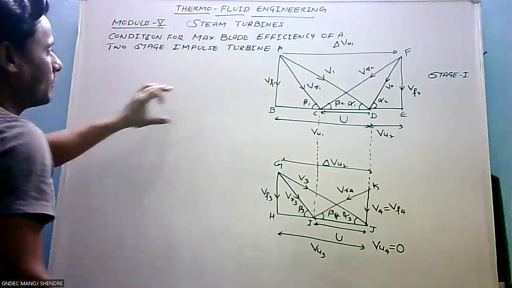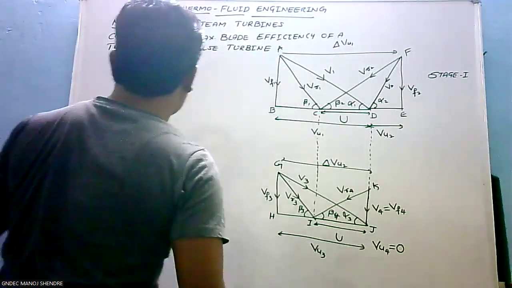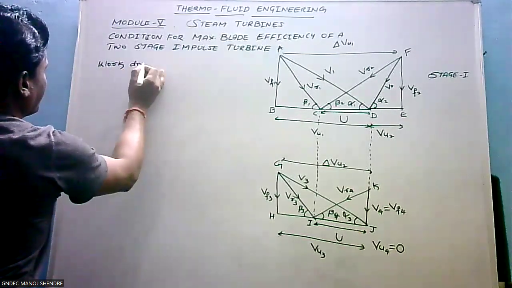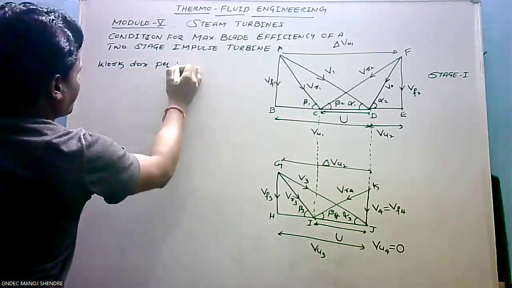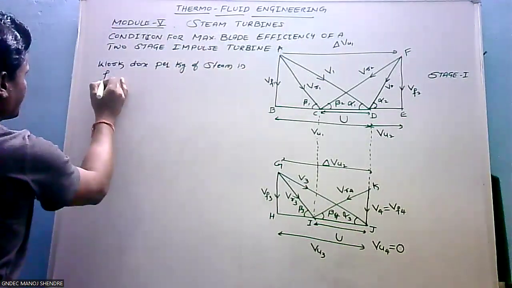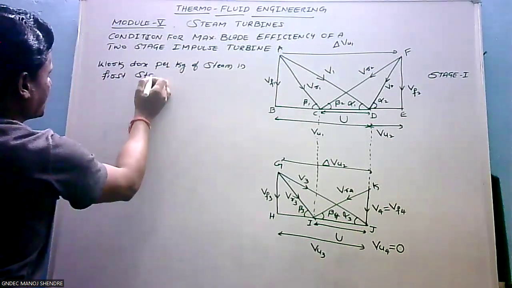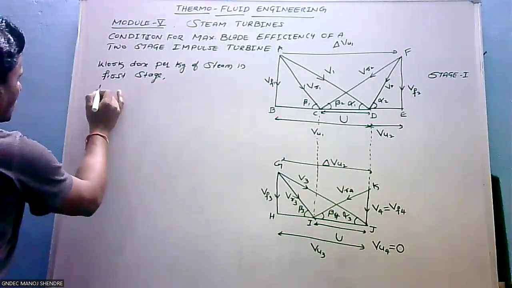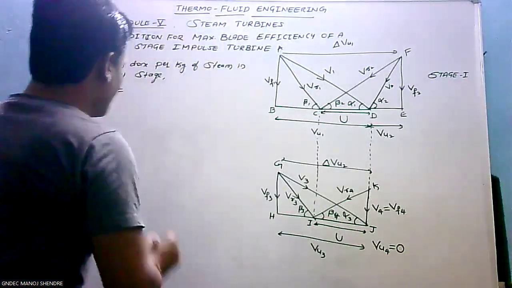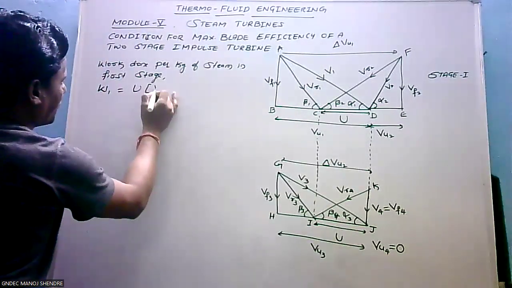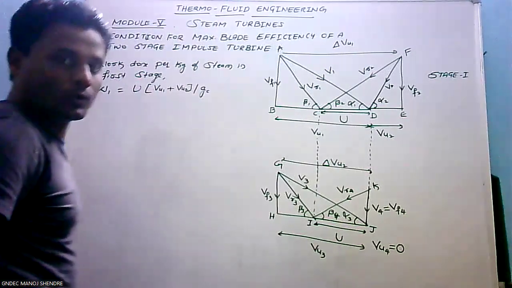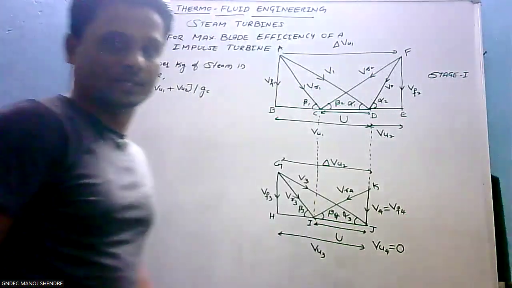Okay. Now in the first stage, the work done W1, work done per kg of steam in first stage, is given by W1 equals U into (VU1 plus VU2) divided by GC, right?